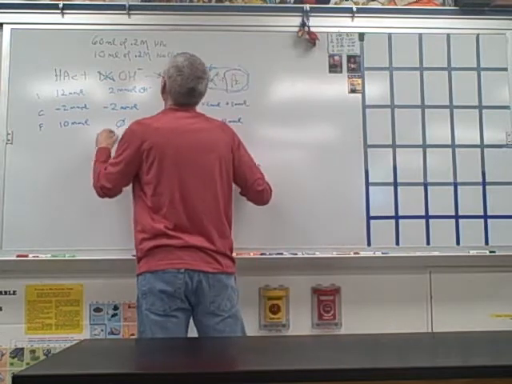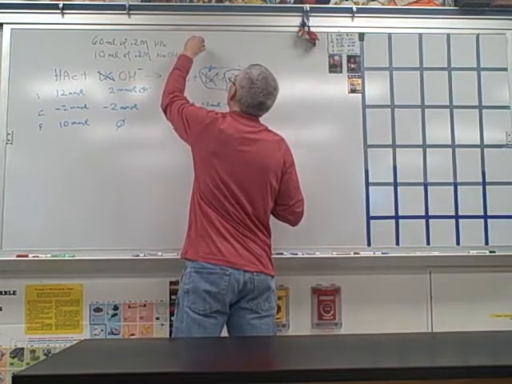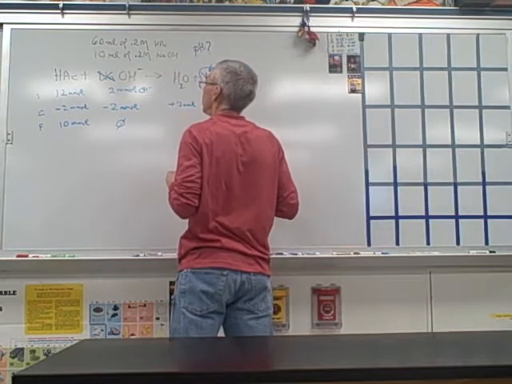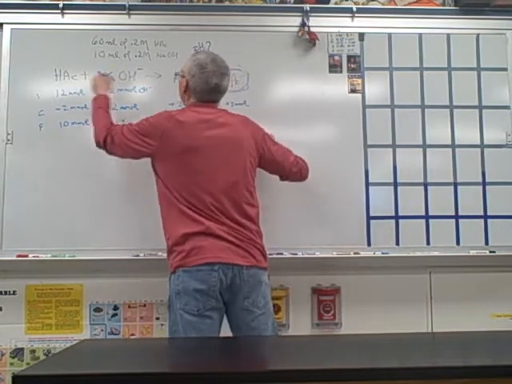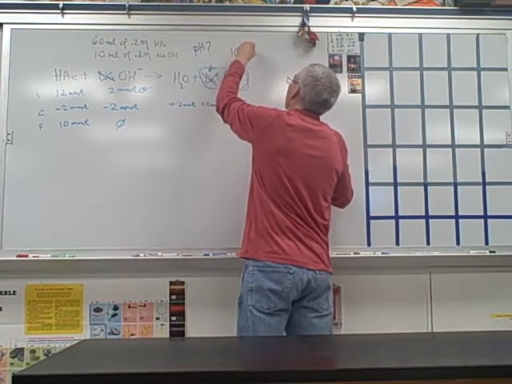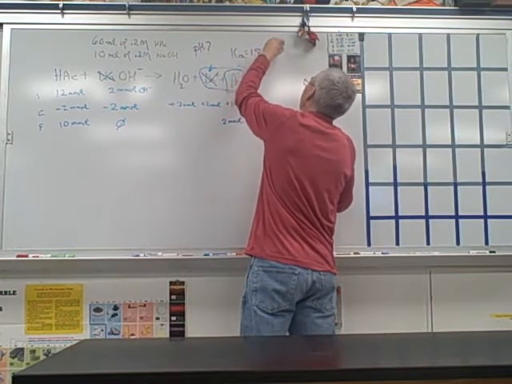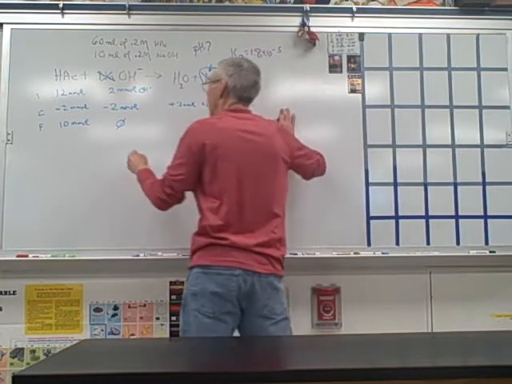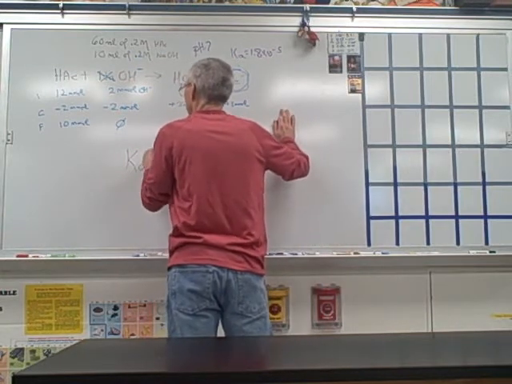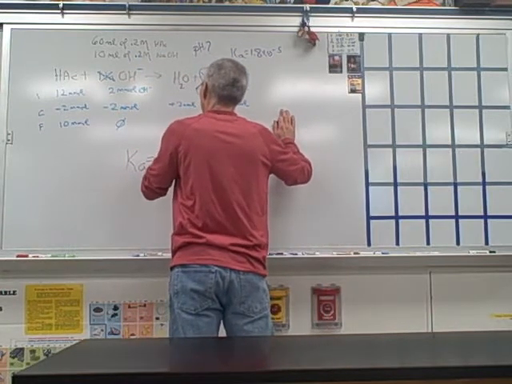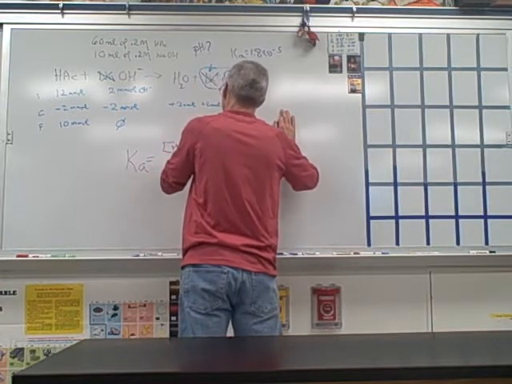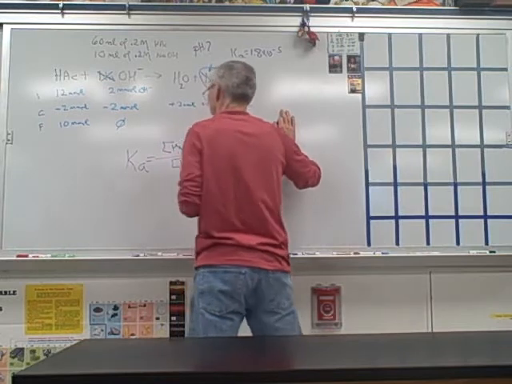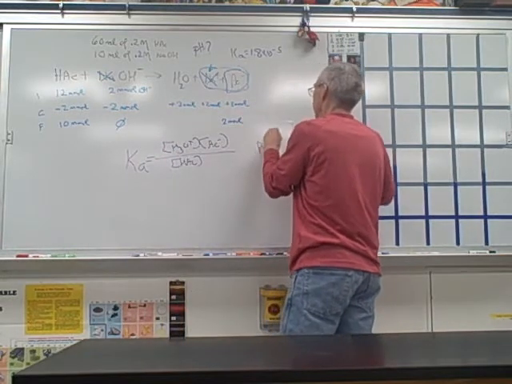If I now am asked to find the pH at the end, acetic acid, Ka 1.8 times 10 to the negative 5th, just memorize that. That's the only one you really need to memorize. Now if I write the Ka expression, concentration H3O plus, concentration Ac minus over concentration HAc, Ac minus being the acetate ion.